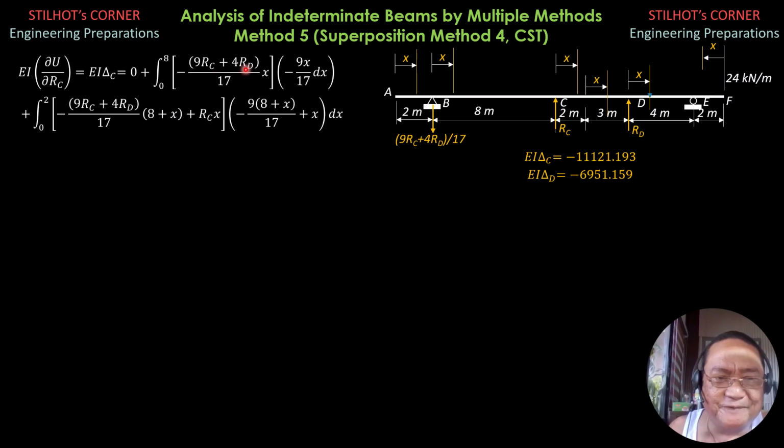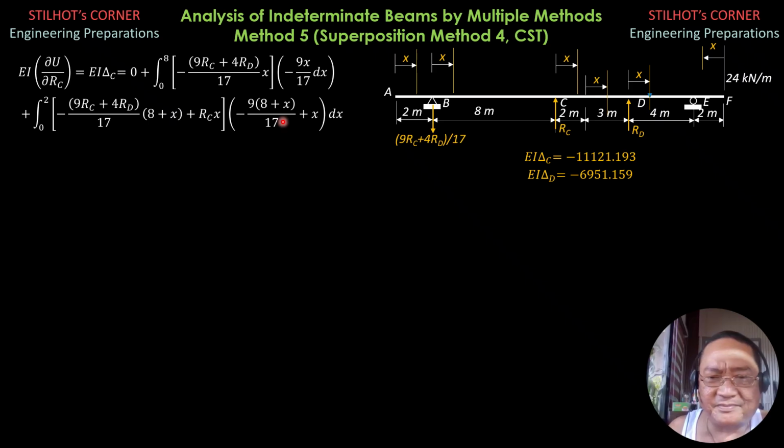Then the partial derivative of this moment equation with respect to RC is negative 9x over 17, dx of course. Then for the next section, the integral from 0 to 2 of quantity negative 9RC plus 4RD over 17 times quantity 8 plus x, then plus RC times x. The partial derivative with respect to RC is negative 9 times 8 plus x over 17 plus x.